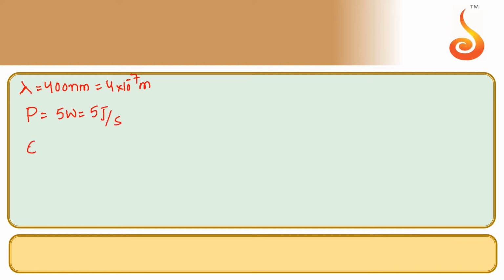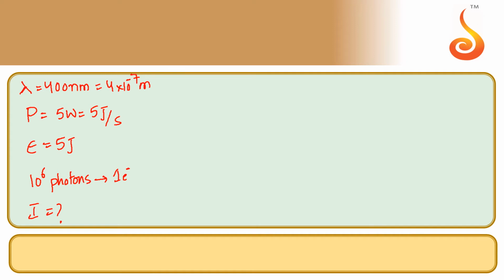Therefore energy of the light is 5 joules, and every 10 power 6 photons will emit 1 electron. Therefore we need to calculate what will be the photocurrent in the circuit.